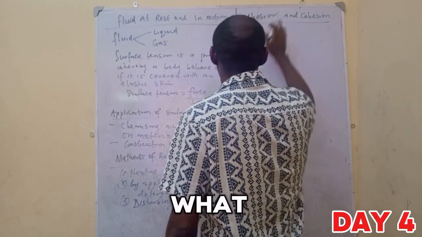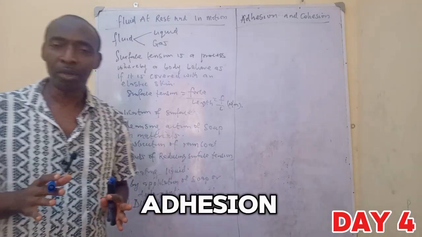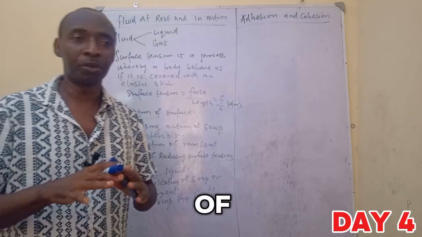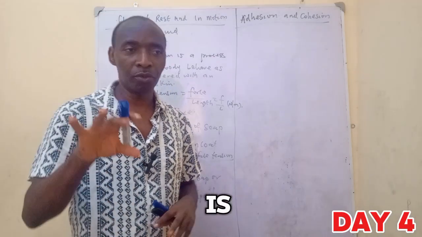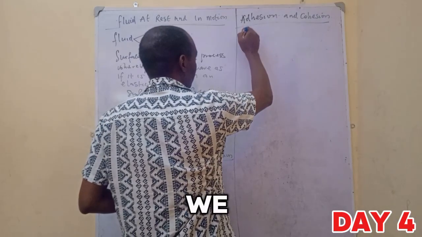What is adhesion? We say adhesion is the force of attraction between molecules of different substances. Let's put it down: adhesion is the force of attraction between molecules of different substances.